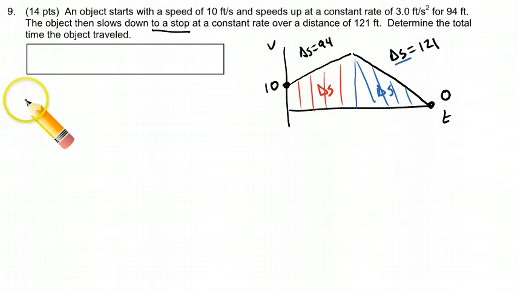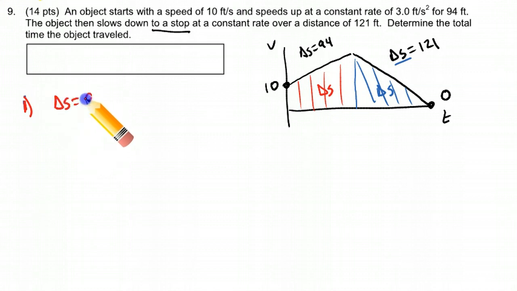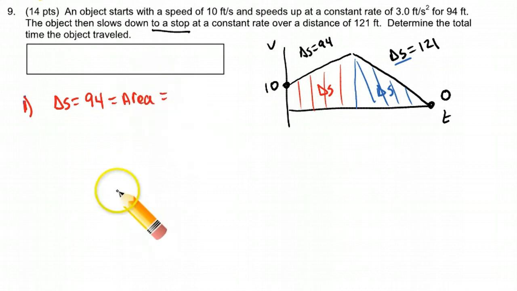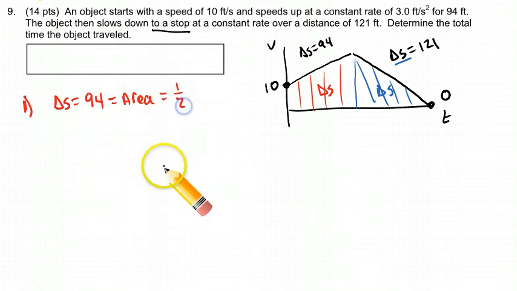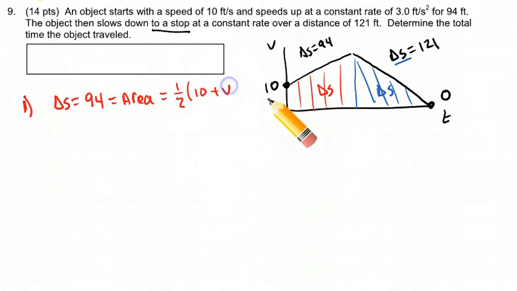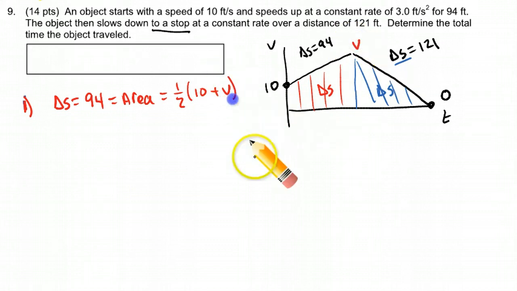So let's do part 1 over here. I'll go ahead and do it in red since that's what we started mostly with. We know the delta S is equal to 94, which is equal to the area, which is equal to 1/2 (10 plus V), so I'm going to label that V, times T1.